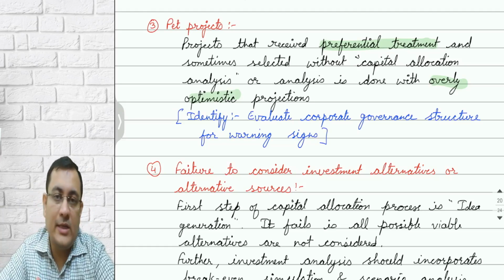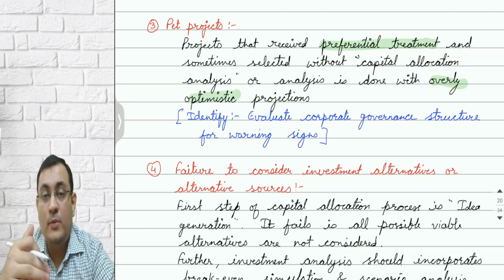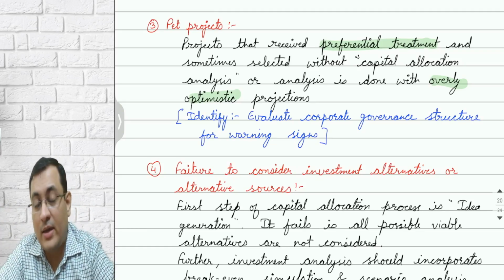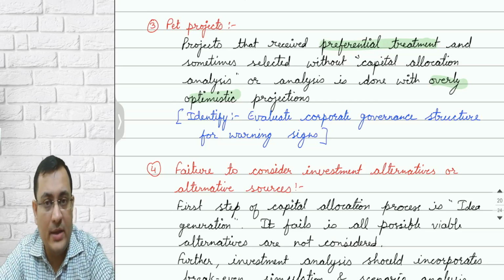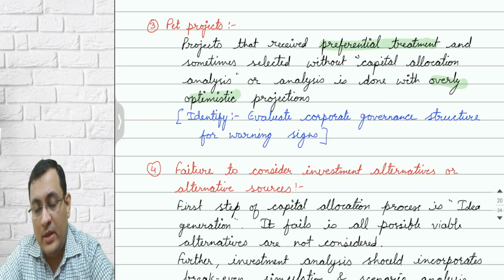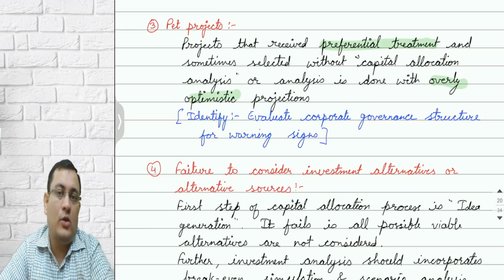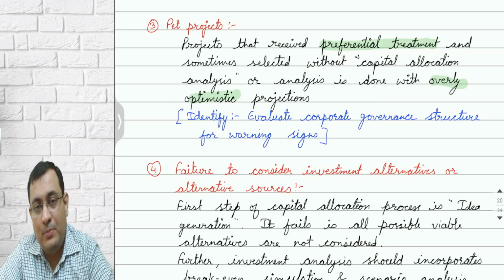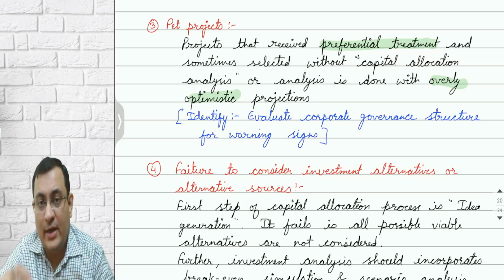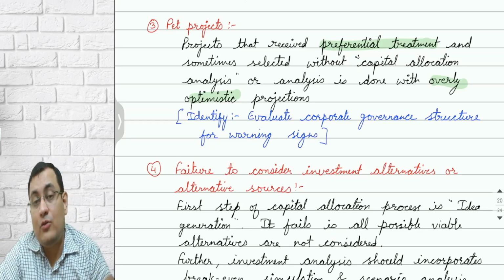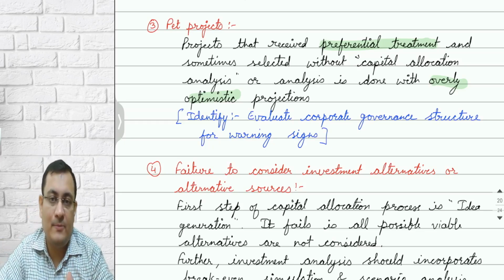Evaluate the corporate governance structure. Every decision should be analyzed with your governing body, the board of directors, and what is the composition of the board of directors, whether the board has independent directors or not. If independent people are in the decision making body, then of course this bias will be less.